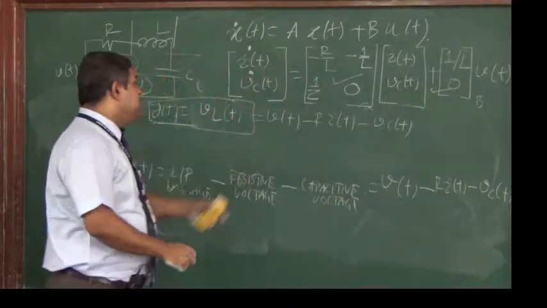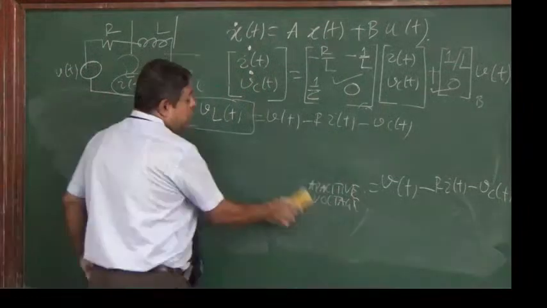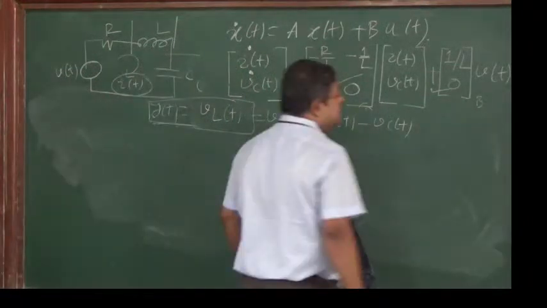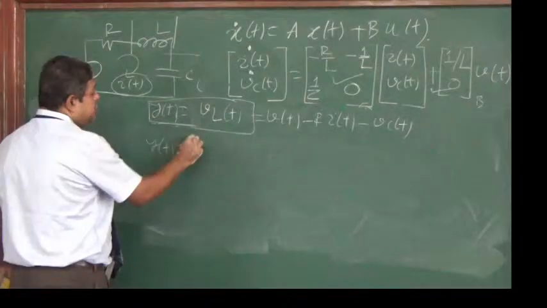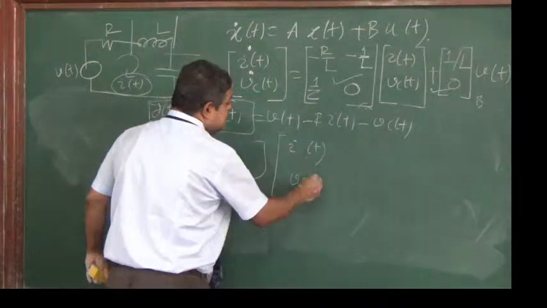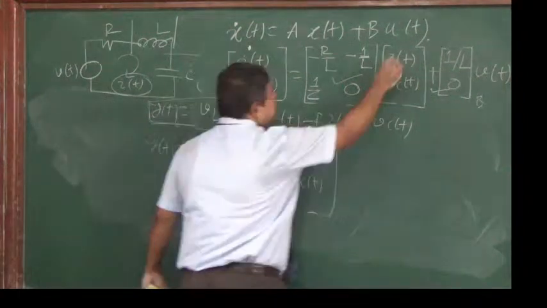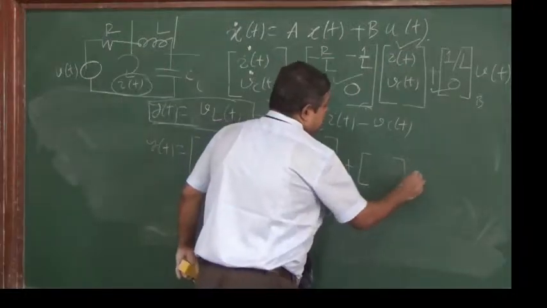Now this equation can be written in terms of C x(t) and D u(t). So how can I write that? y(t) is equal to this, we have to make the structure. This is i(t) and this is vC(t), the same state variables, plus the D matrix times u(t).